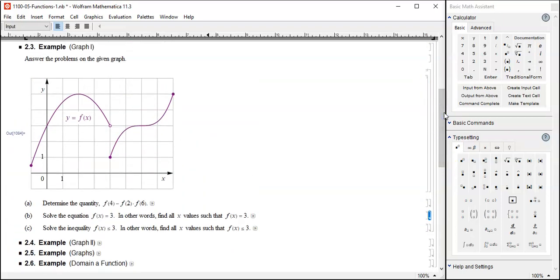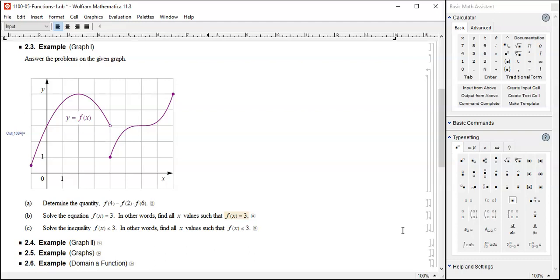Okay, all right. Final problem here. Solve the inequality f of x is less than or equal to 3. In other words, find all x values so that f of x is less than or equal to 3. Previously, we had an equation, f of x is equal to 3. If we have an equation, then the solution set will be some numbers, maybe one number, or in the previous case, 2 numbers, maybe 3 numbers.